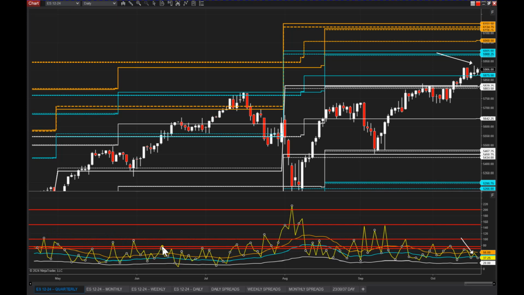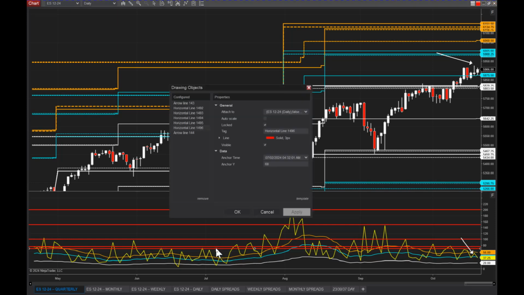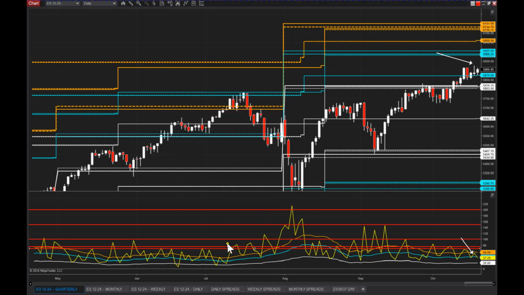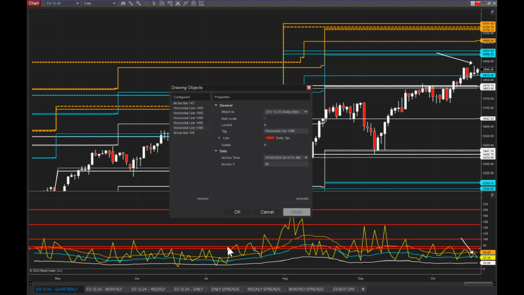So these lower lines are here at 68% and 75%. Oops.